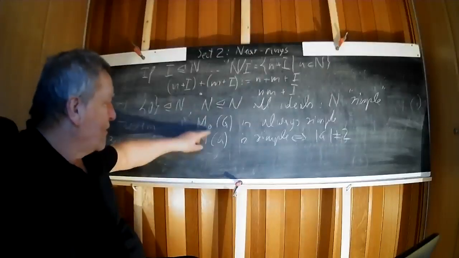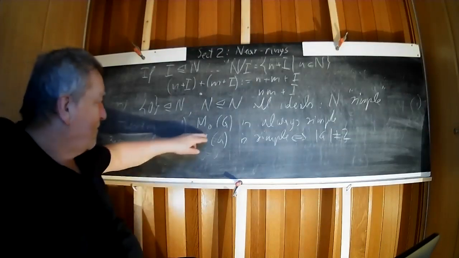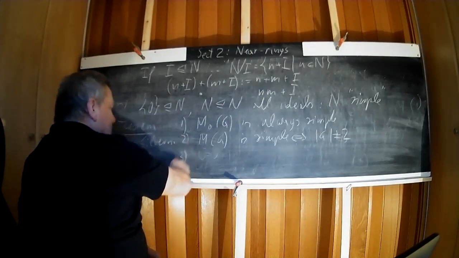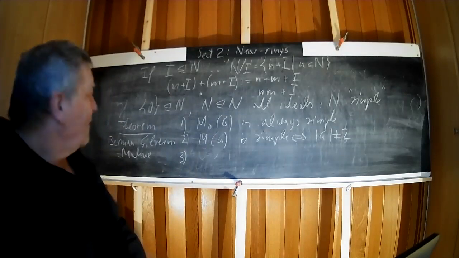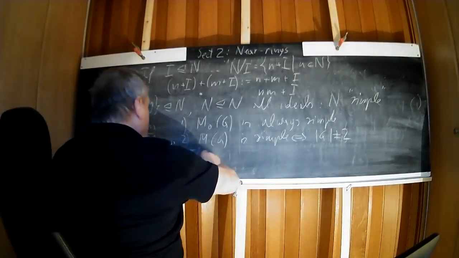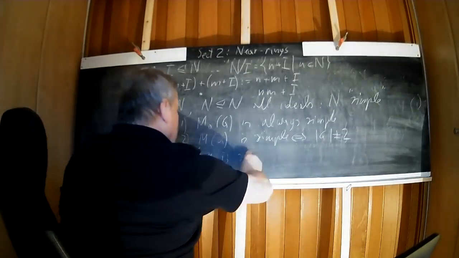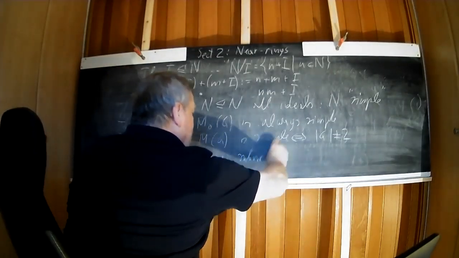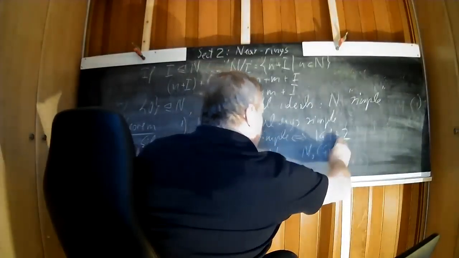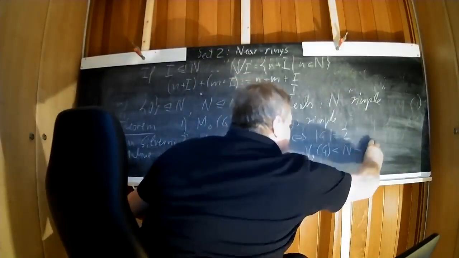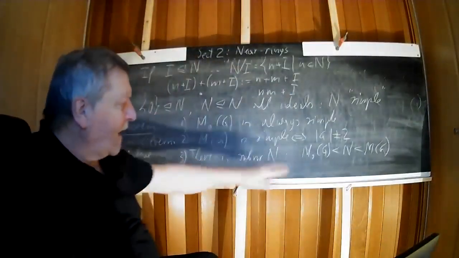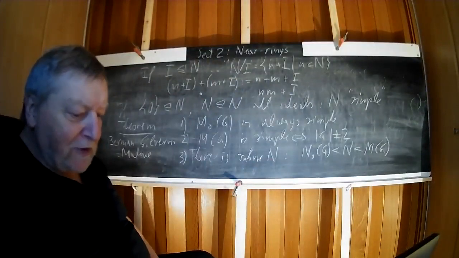And in fact, M sub naught is pretty high in the order of sub-near-rings, namely in the following sense: there is no sub-near-ring N strictly between M sub naught of G and M of G. So no further near-ring N fits into this gap between M sub naught of G and M of G.